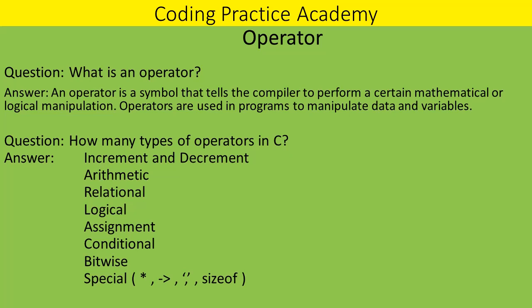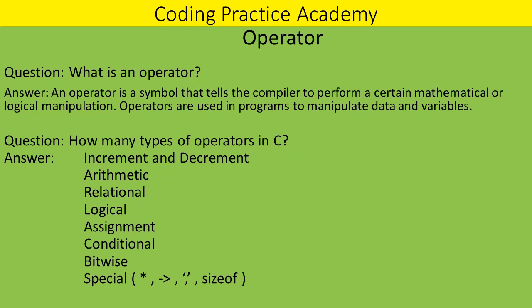So now what actually does this definition want to say? It says an operator is a symbol like plus, minus, multiply, divide, less than, greater than, less than equals to, greater than equals to, and many more.